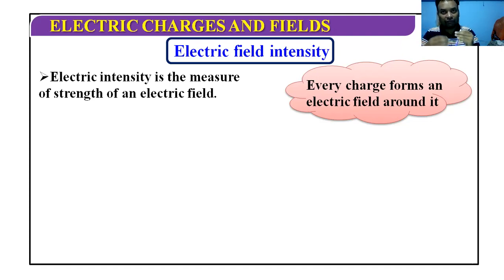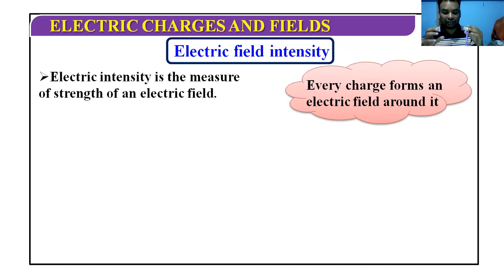If we are observing magnetic field intensity, basically we are interested to find the strength of the magnetic field. Similarly, electric field intensity will tell us how strong or how weak our electric field is.